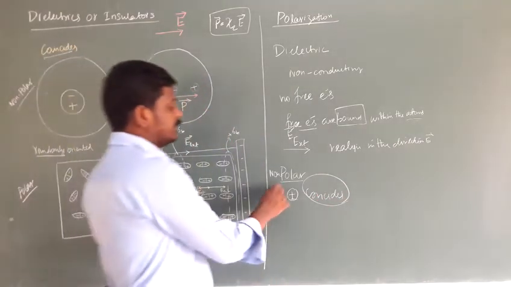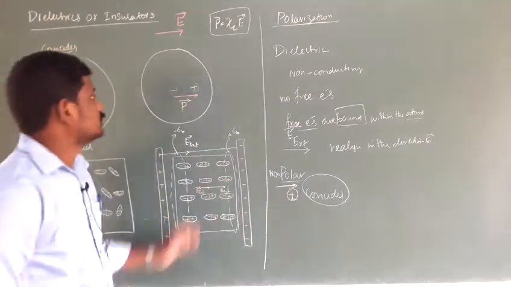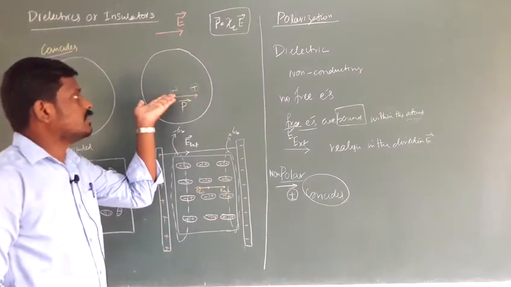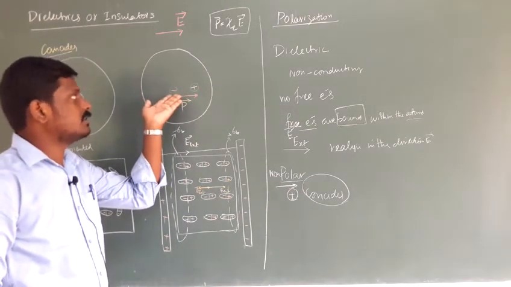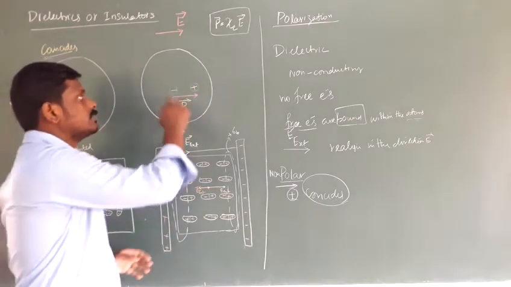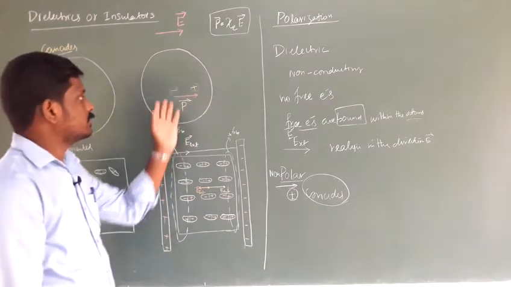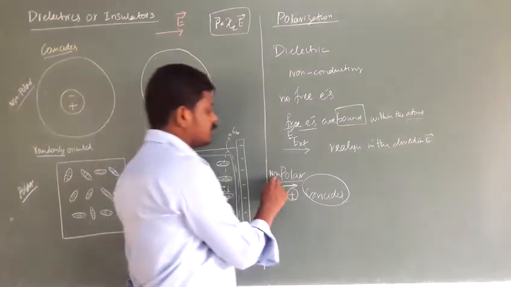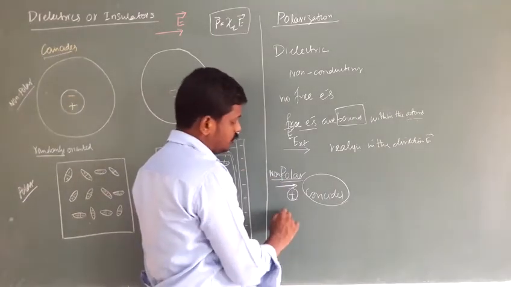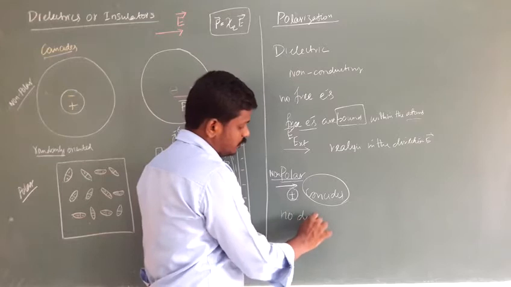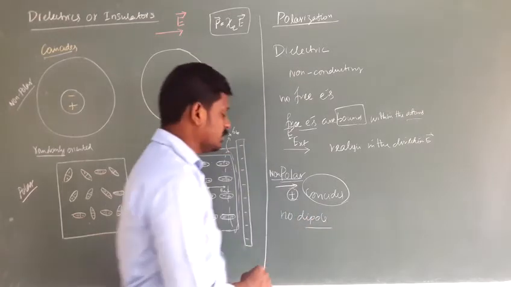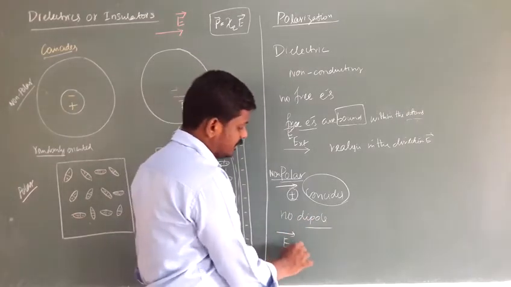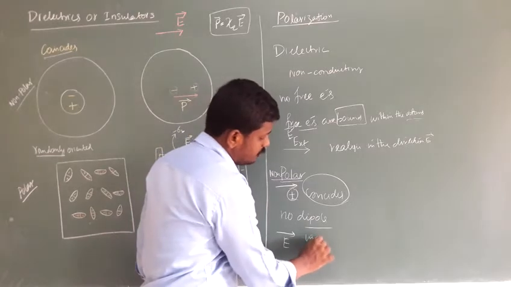If you apply an electric field, the negative charges are attracted toward it and the positive charges move away. So it creates a dipole. Initially the non-polar molecules have no dipole moment. If you apply an electric field, it creates an induced dipole moment.